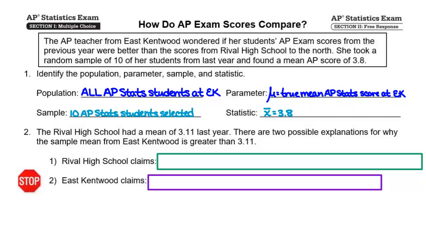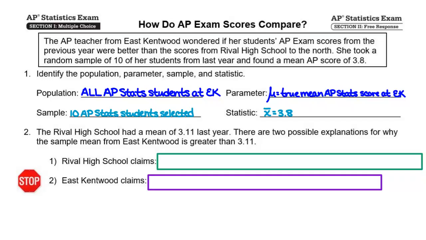Which one of those would be the sample statistic, the X bar? 3.8. So I'm not going to use that for my H0 or my HA. That's what we got from the sample. I'm going to use that to help me come up with what the HA is. So I'm writing the H0 and the HA about that 3.11.